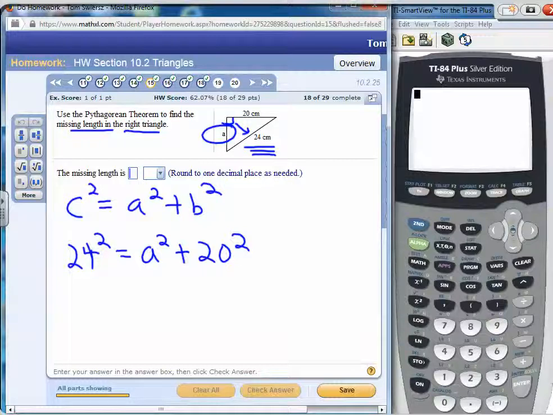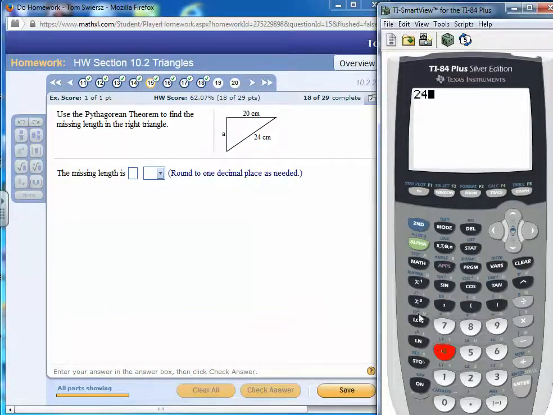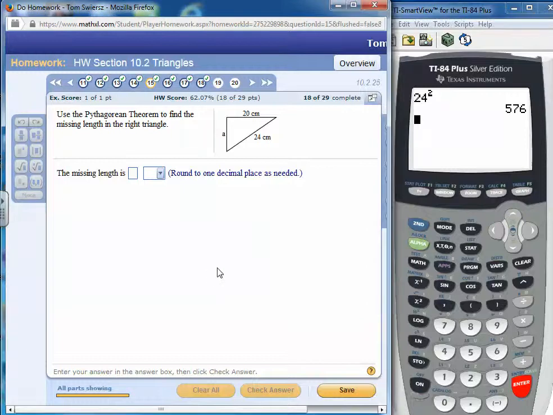When we go ahead and do this, we can do 24 squared on our calculator, and we get 576.